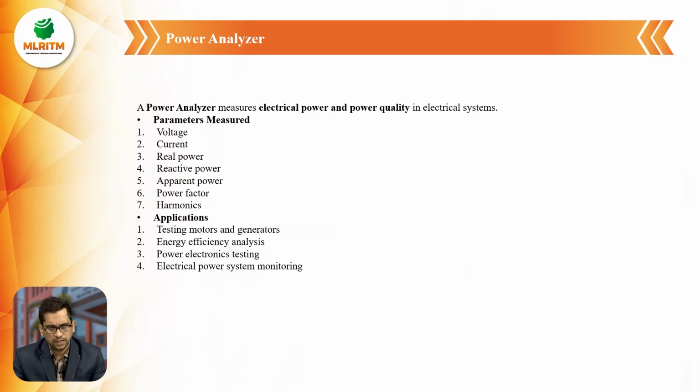It will monitor the power utilization of electrical power stations. Mainly, we can use these power analyzers in electrical and power plant applications to measure how much power is generated, how much is utilized, how much is consumed, and how much is wasted. We can use them in electrical power plant stations for measurement of power.